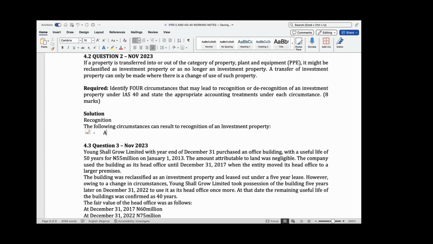Number 1 is acquisition of an investment property.